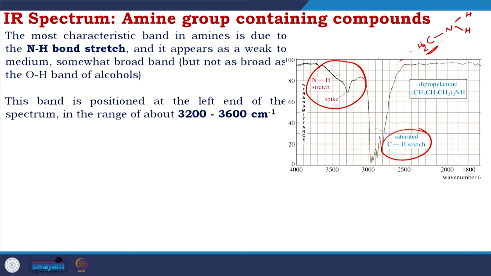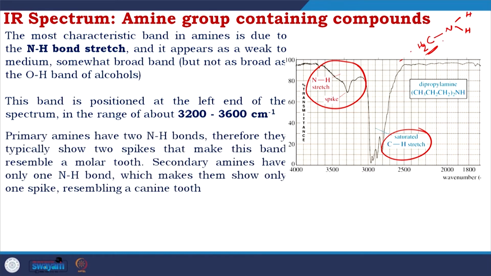This band is positioned at the left end of the spectrum in the range of about 3200 to 3600 centimeter inverse. Primary amines have two NH bonds, therefore, they typically show two spikes that make this band resemble a molar tooth.